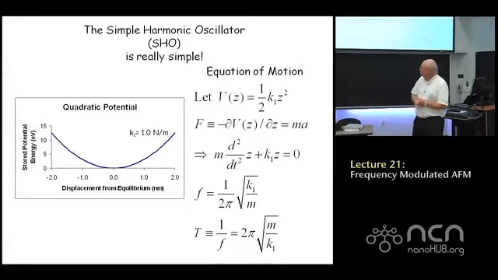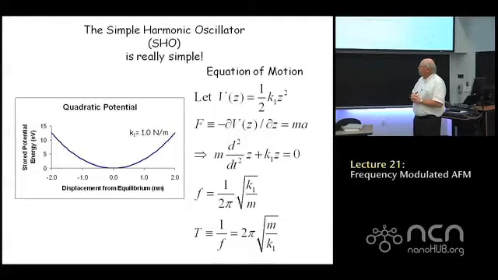You say the force F equals ma is equal to minus the derivative of that interaction energy, that energy potential, 1/2 kz squared. And that allows you to write an equation of motion which has a sinusoidal solution. So the form of the solution for z has to be either sine or cosine depending on the initial conditions of the problem.